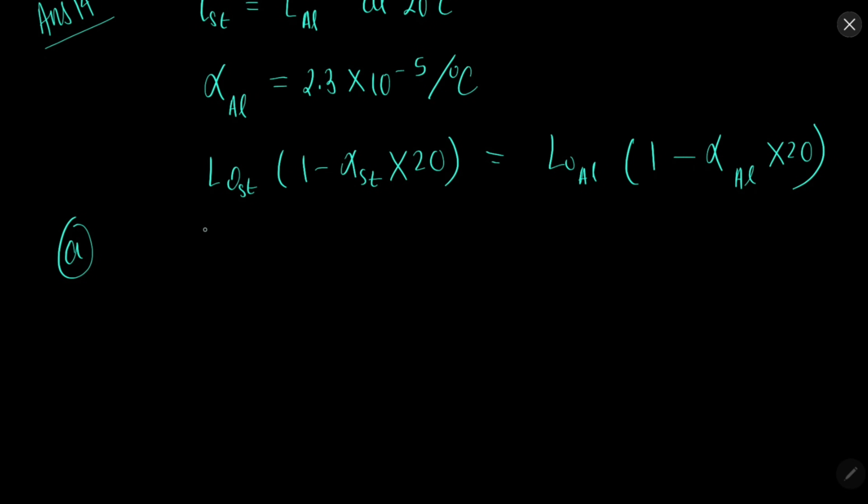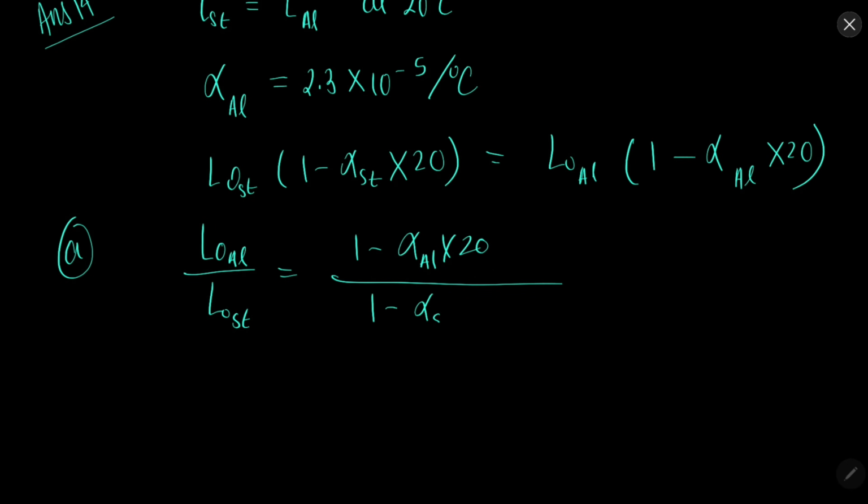A part, ratio will be 1 minus, this should be aluminum, this should be steel, 1 minus steel into 20.